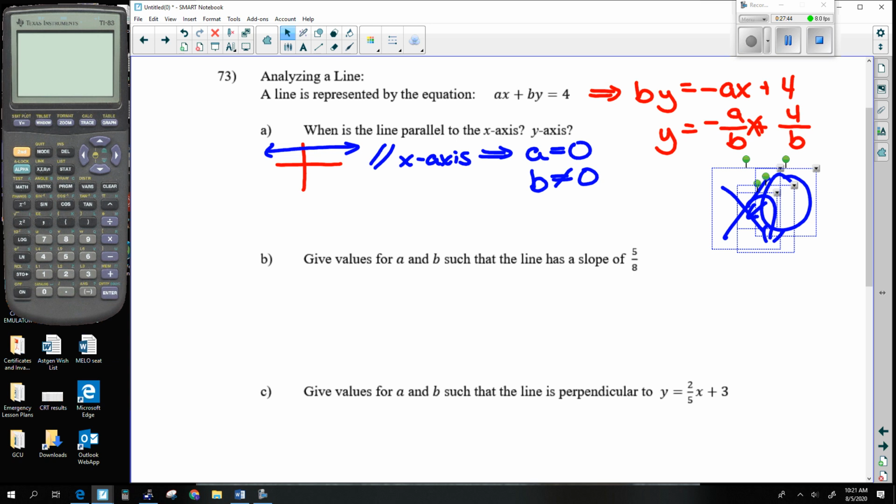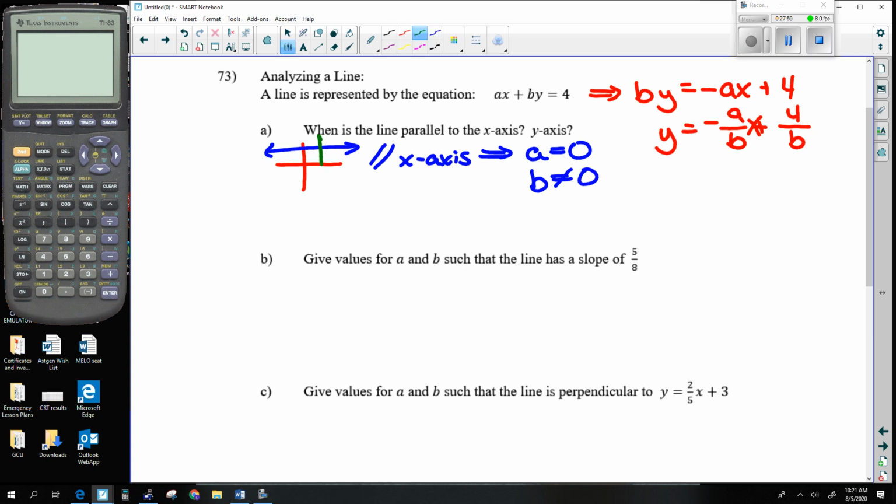And then last but not least, when is it parallel to the y-axis?